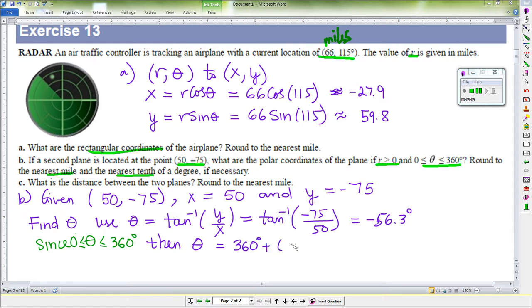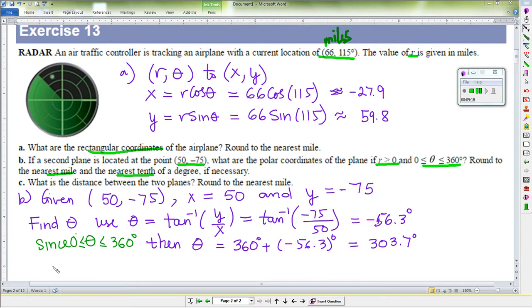So take 360 plus negative 56.3 degrees, and that will give us 303.7 degrees. So now we have the angle theta.